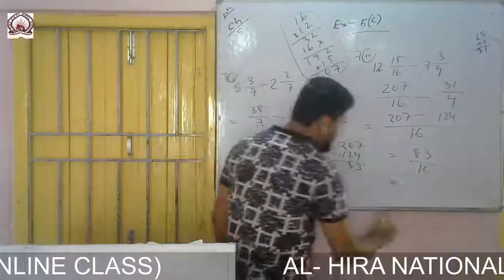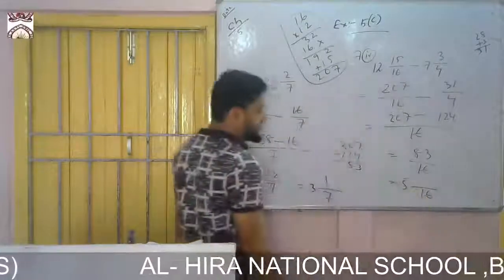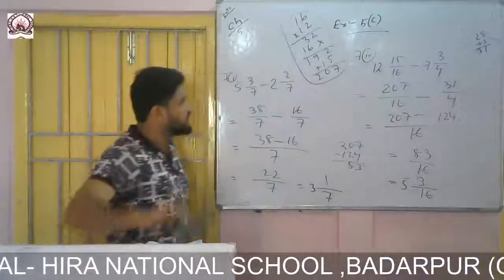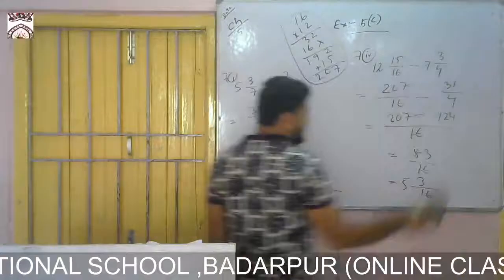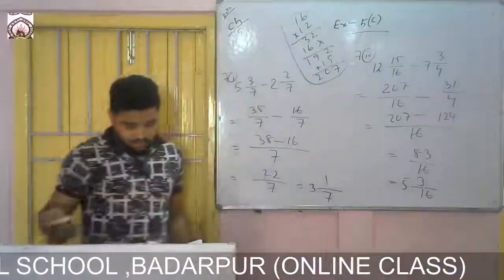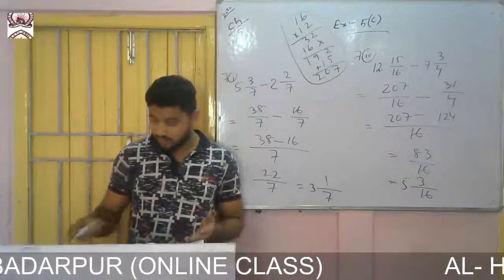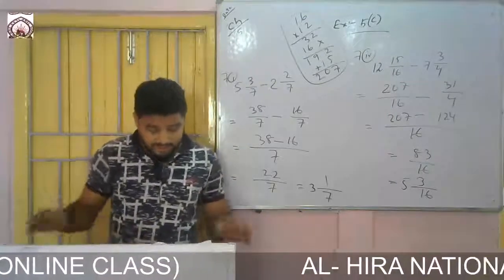So let me take it into a mixed fraction. 5 16s are 80 plus 3, so that is the answer. Number 8 is also the same.